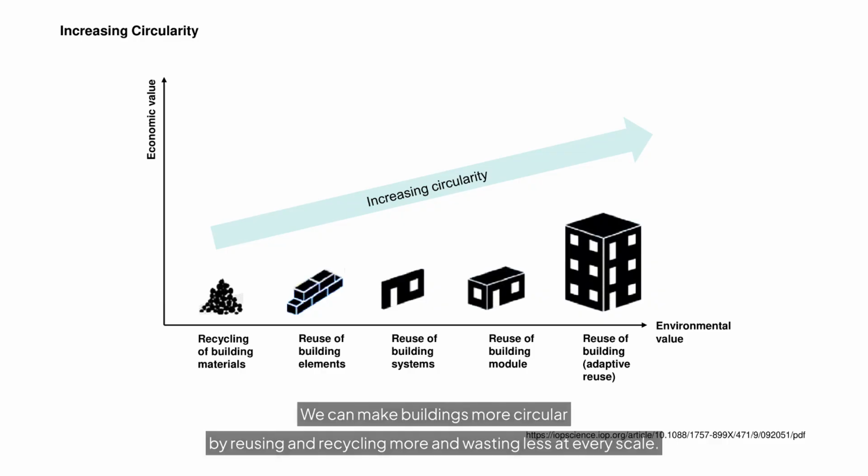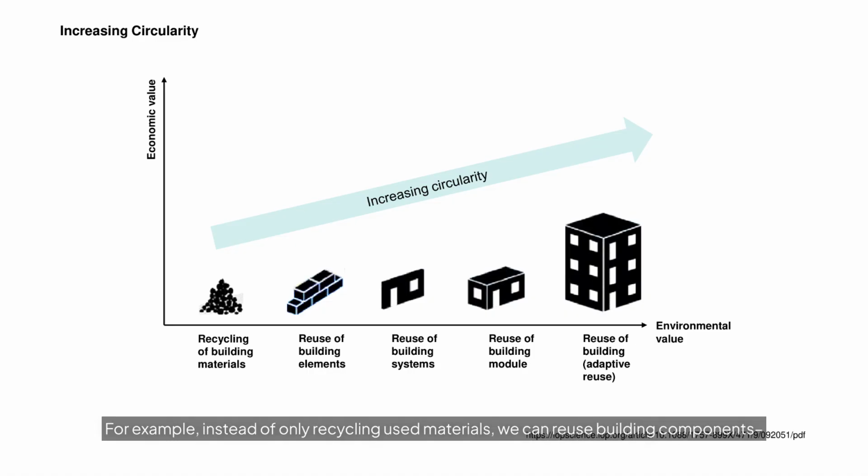We can make buildings more circular by reusing and recycling more and wasting less at every scale. For example, instead of only recycling used materials, we can reuse building components, from individual elements like bricks or beams, to entire building systems and modules, and even whole buildings through adaptive reuse. As we move up from recycling to reusing larger parts of buildings, we retain more of the original value and require fewer new resources.